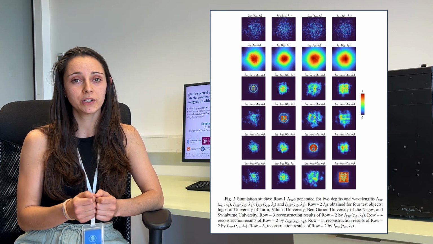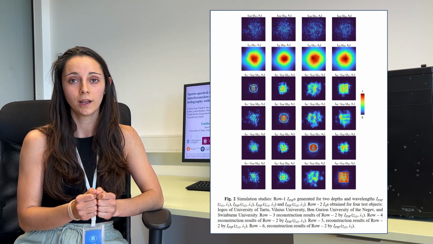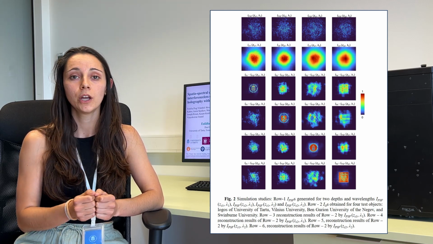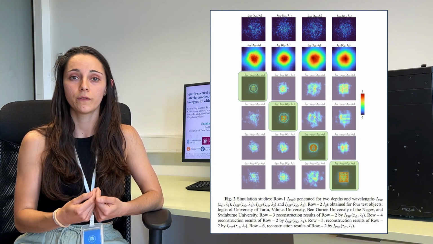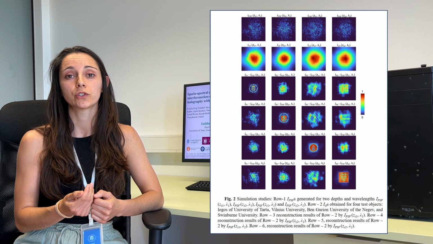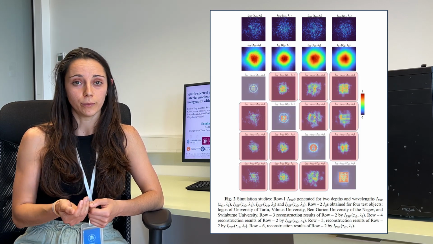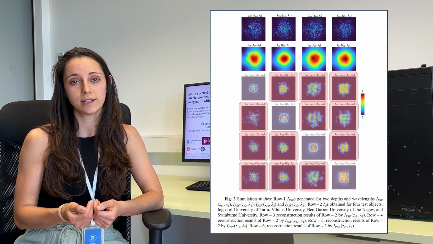Our results demonstrated that accurate image reconstruction is only possible when the point spread function, abbreviated as PSF, used in the reconstruction matches the depth and wavelength of the recorded object. When a different PSF is used for reconstruction, the object information is distorted, and the reconstruction is no longer recognizable as the object.